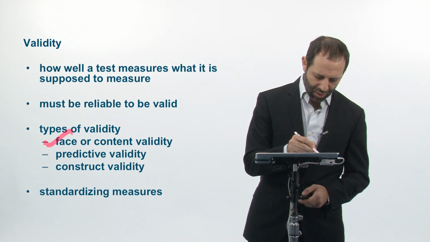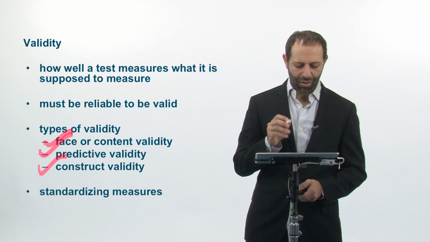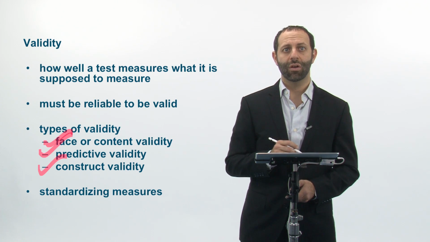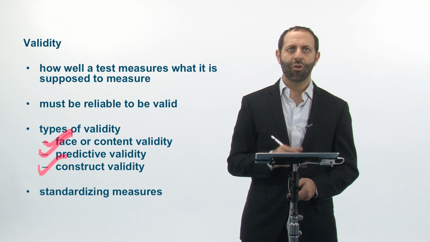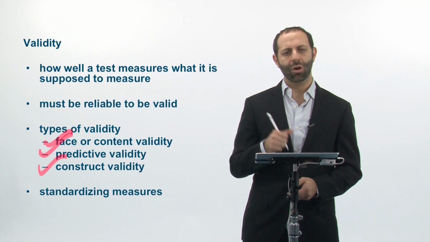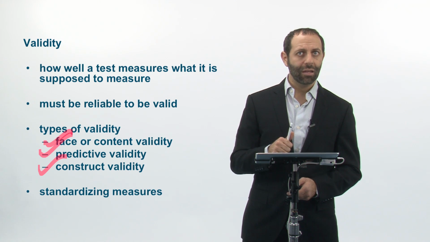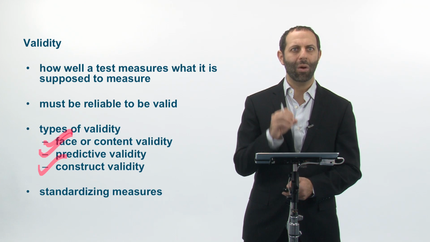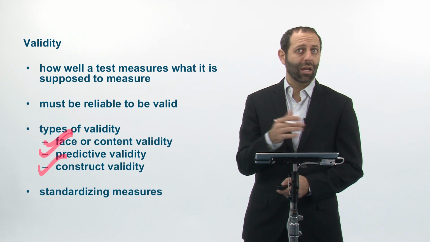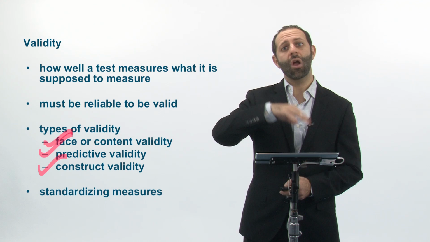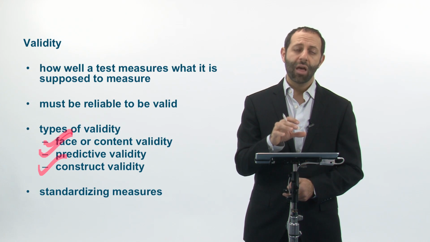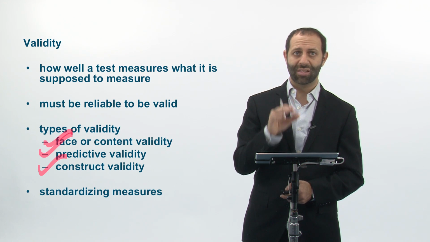Now let's talk about construct validity. So construct validity refers to whether the scores on a questionnaire are related in expected ways, either positively or negatively, to scores on other questionnaires that are proposing to measure the same thing.